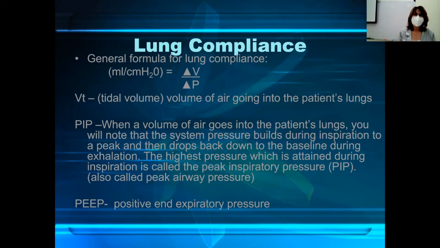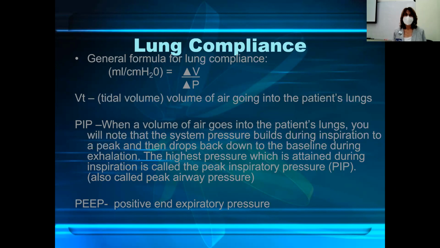And of course, we have a formula that shows some specific numbers for compliance. The general formula is the volume of air that you're putting into the lungs, and it's in mLs when we choose a volume for the patient. So that's what goes on the top of the equation.